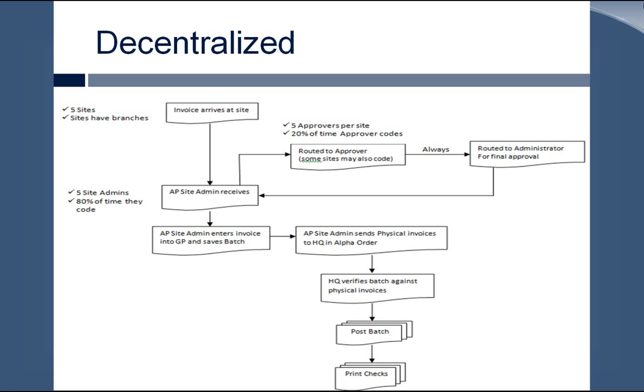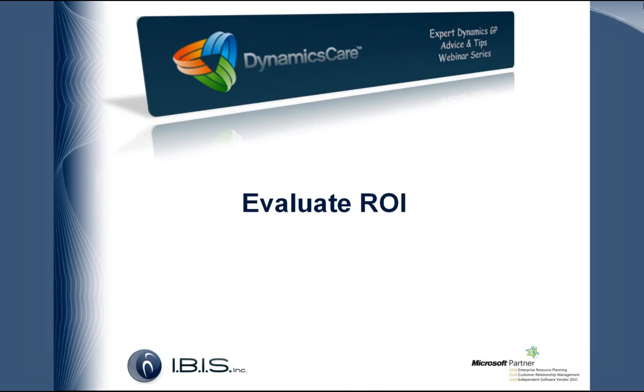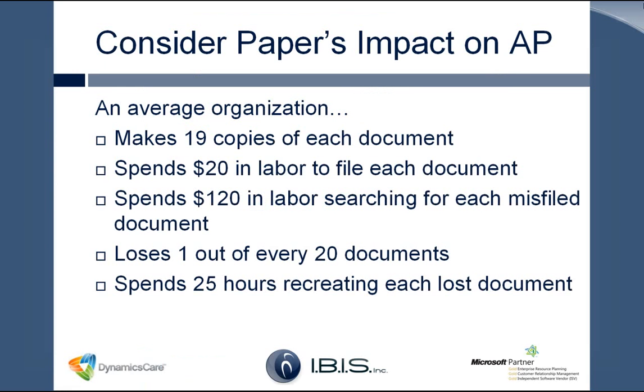Now, throughout this process, you are capturing a lot of the information that's going to help you evaluate the ROI on moving from a manual to an automated workflow process. There are 2 different areas you want to consider as you're looking at ROI. The first area is to consider paper's impact on AP.